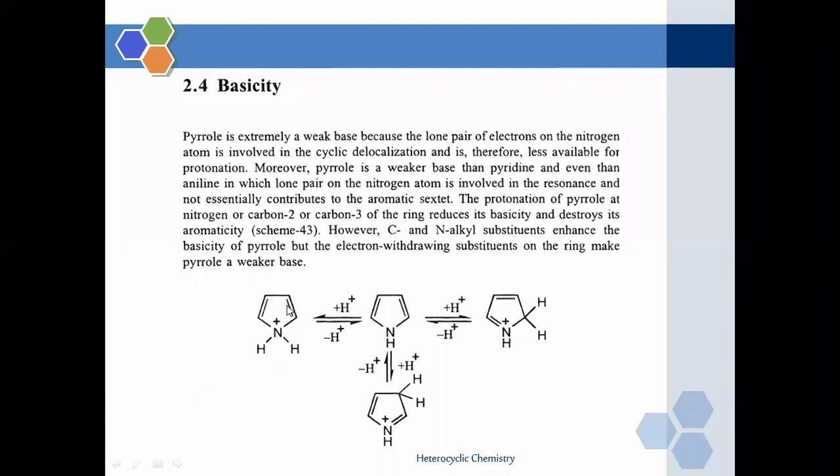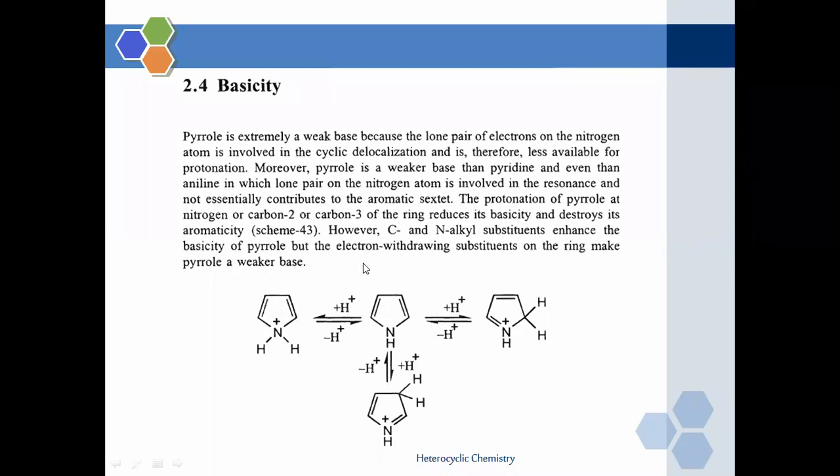As they are involved in offering aromatic character and stability to the ring, these electrons on the nitrogen atom, that is the lone pair, are less available for the protonation reaction. As these electrons are used for the aromaticity and stability of the ring, they are less susceptible towards protonation. So pyrrole is weakly basic in nature.